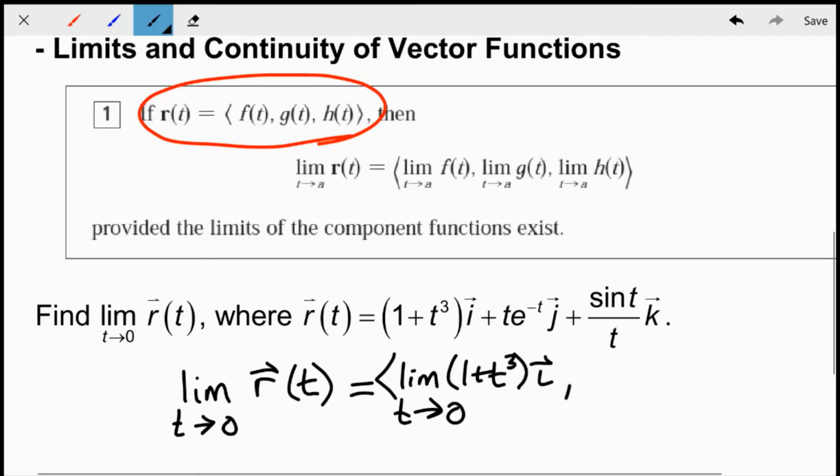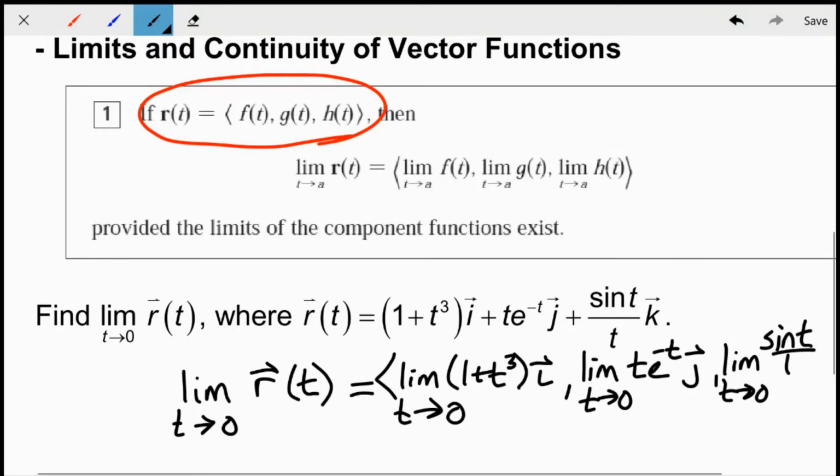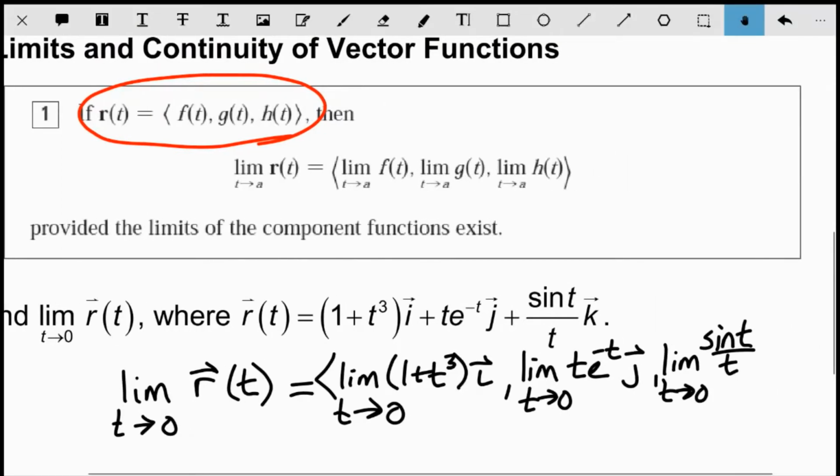And then I would have the limit as t approaches 0 of t e to the negative t power, and that would be my J component. And then same thing for the K component: I'm just going to have the limit as t approaches 0 of sine t over t, and that would be my K component.